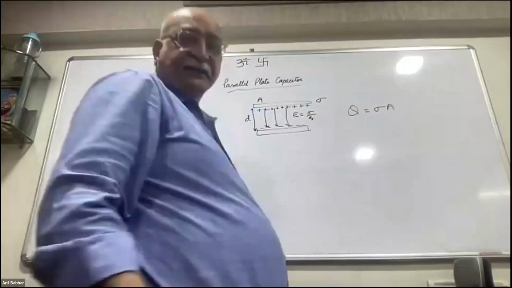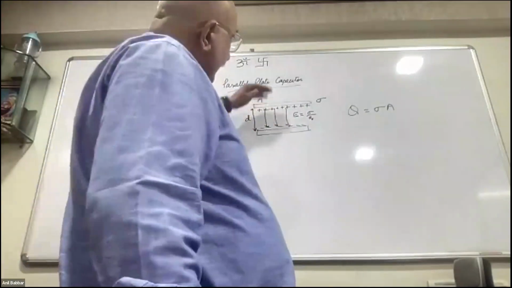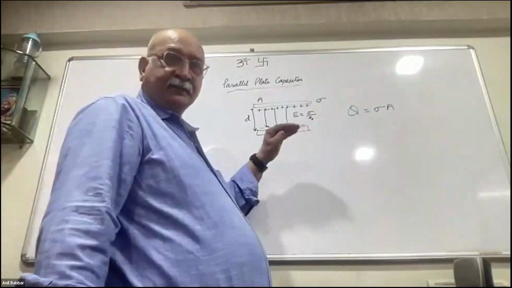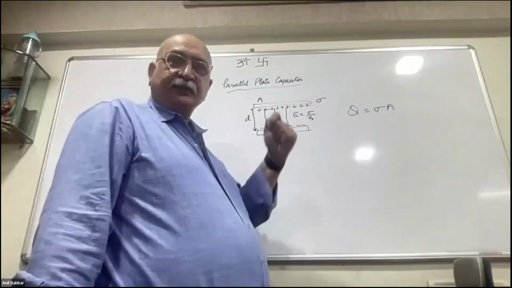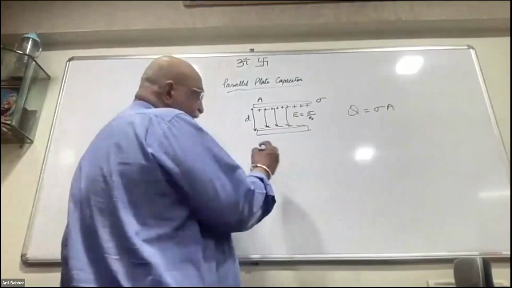Between these two plates, it will be sigma by epsilon naught. In the outer region, above this plate and below the lower plate, the electric field due to the two charged plates would cancel out, and the net field will be zero.